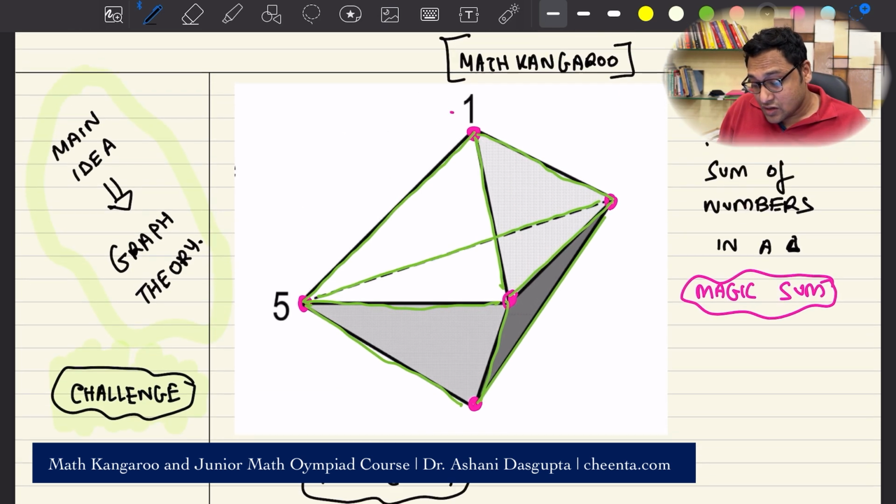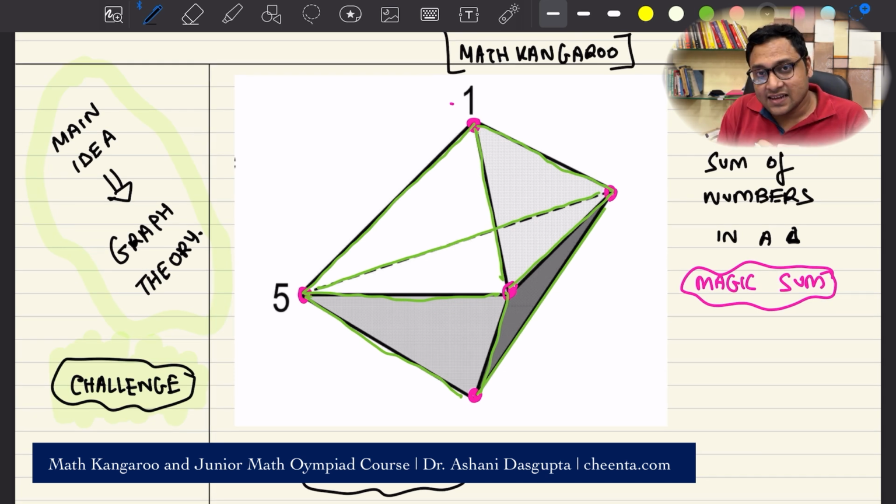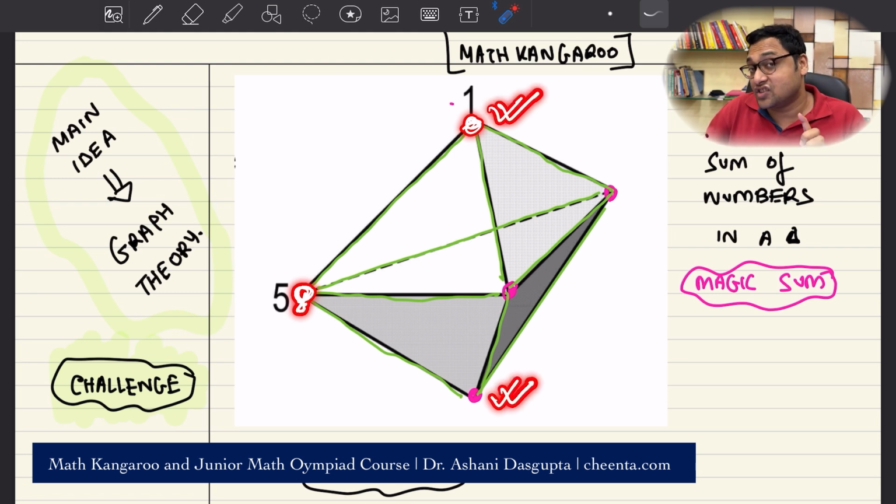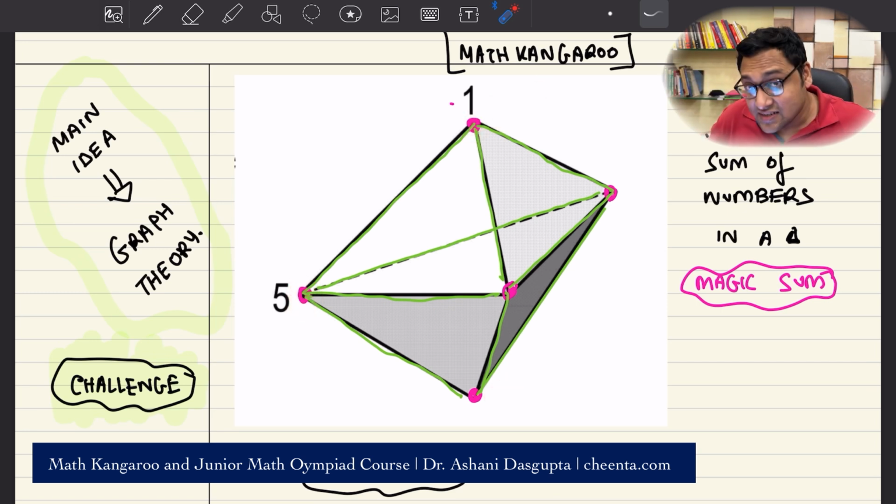Adjacency means which vertex is just beside which one. So for example, this vertex and this vertex are adjacent, but this vertex and this vertex are not adjacent. So if there is an edge between 2 vertices, then they are adjacent. If there is no edge between them, they are not adjacent.